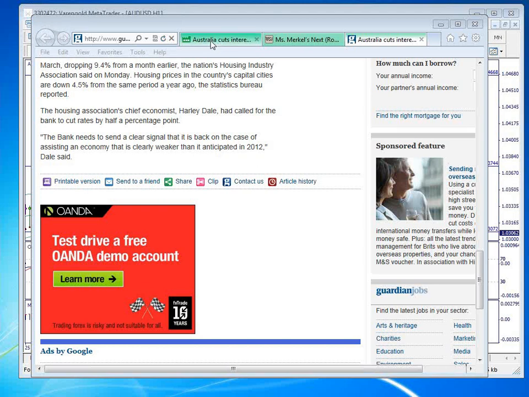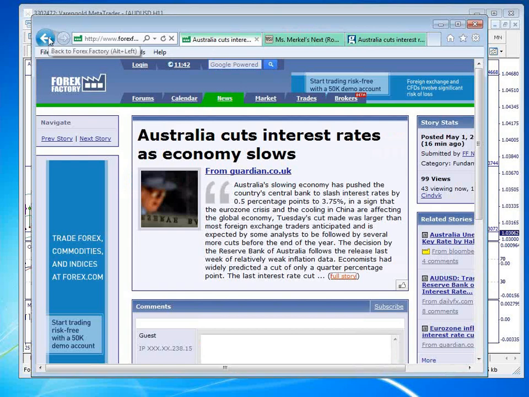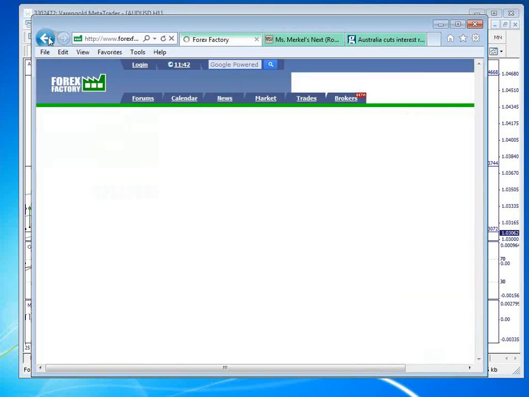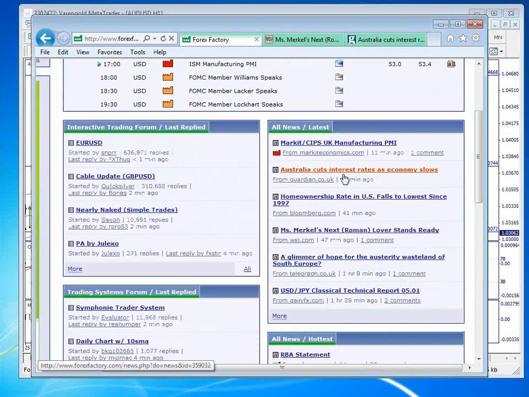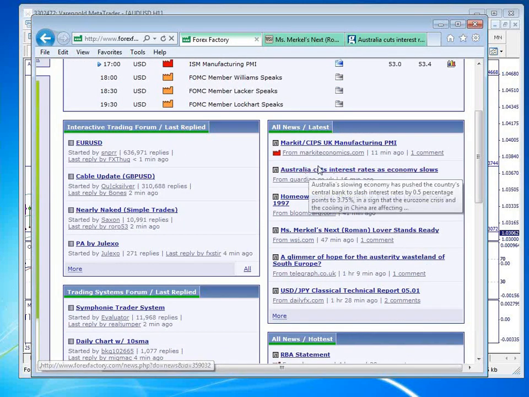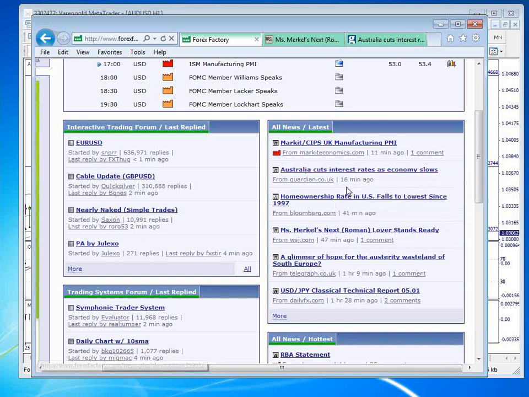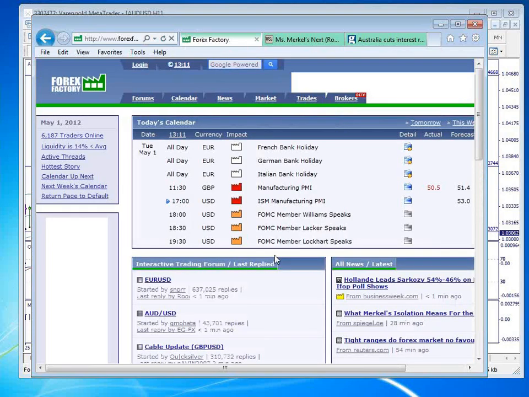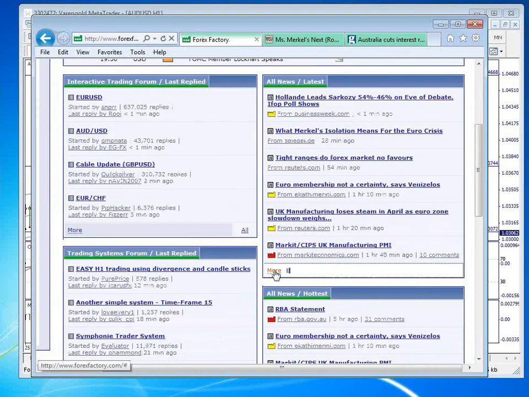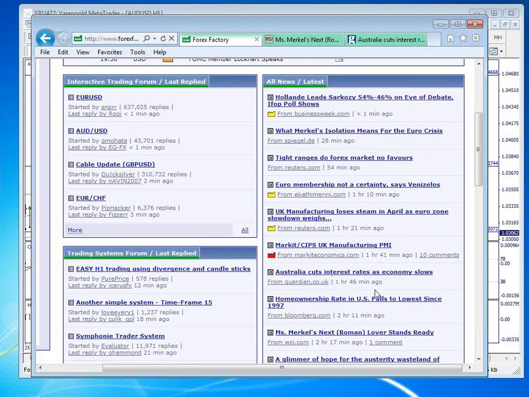The website for the news is Forex Factory. So it was one article that was posted 16 minutes ago. No, I think earlier. I just didn't refresh my page, 2 hours ago.